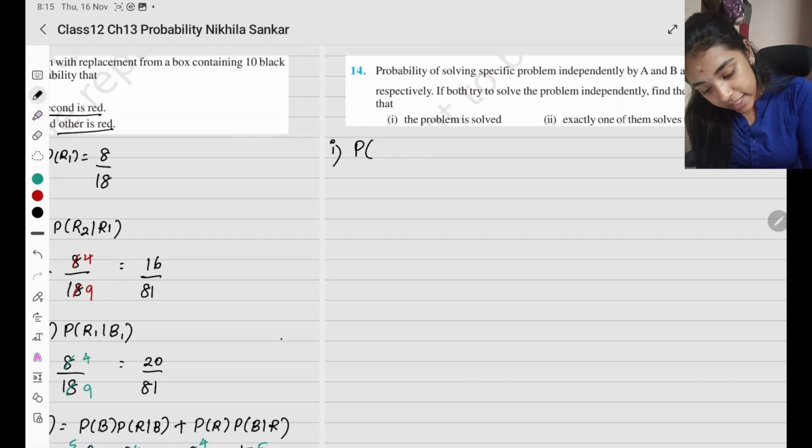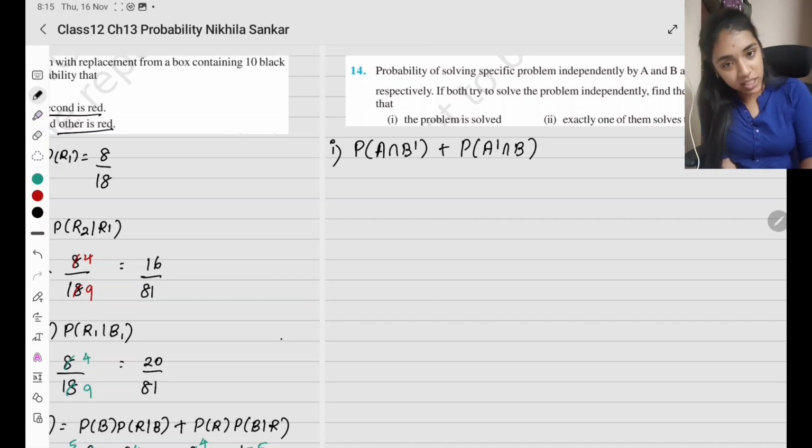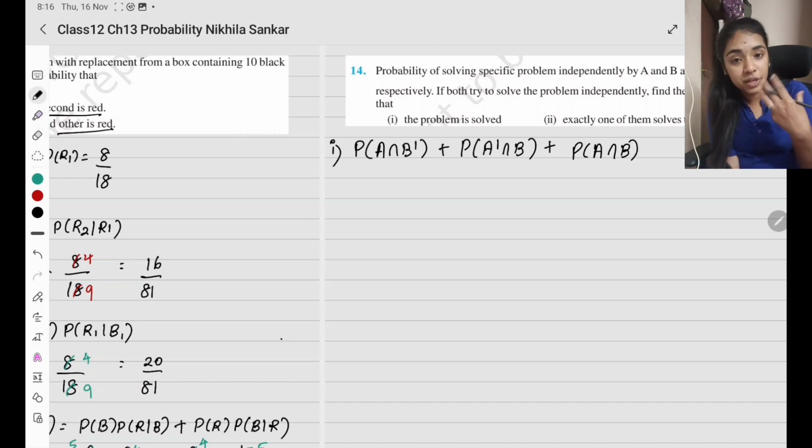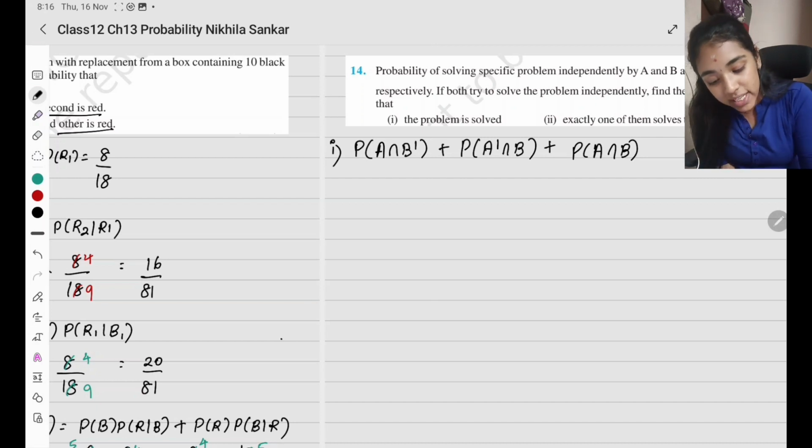That means probability that A solved it and B did not solve, that is one option, plus probability that A did not solve but B solved it, that is one option, plus probability of A intersection B, both of them solved. Are there different possibilities like this? At least one of them solving is enough. So how can I simplify this particular case?